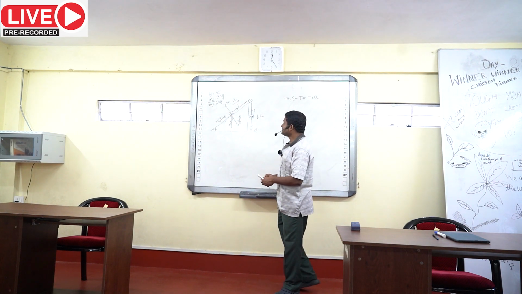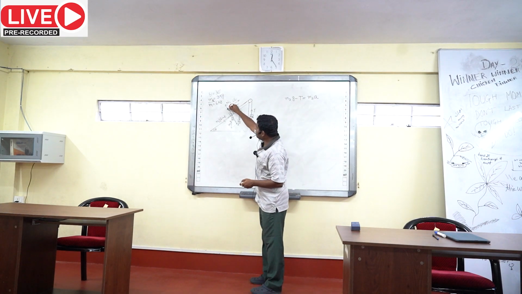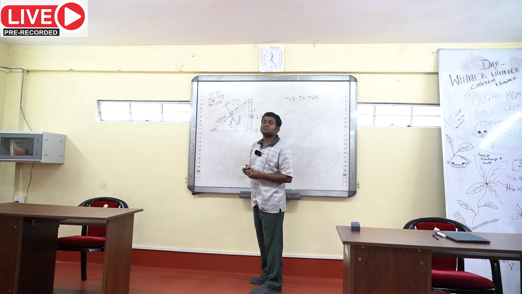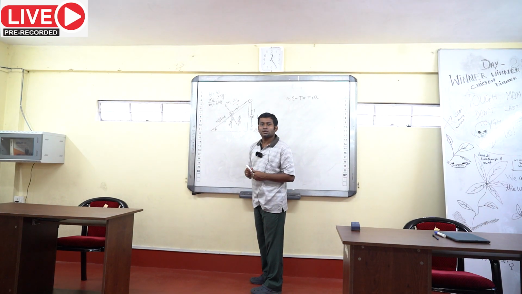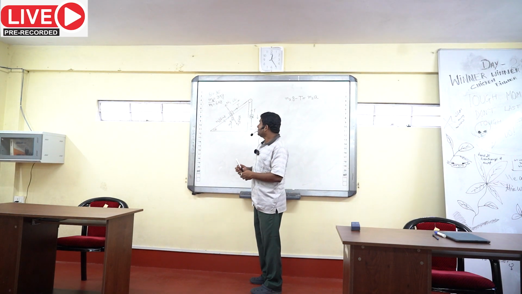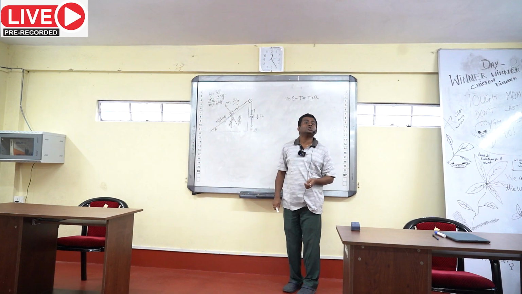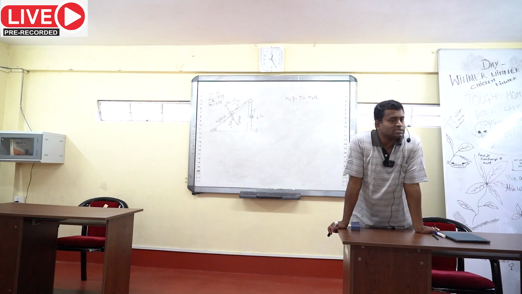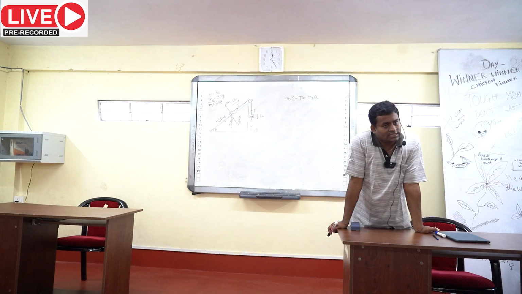Okay. Now see, why can N1 not have any effect on acceleration? Because it is perpendicular to acceleration. Now similarly, m1g cosine theta is also perpendicular to acceleration. So it has no effect on acceleration.